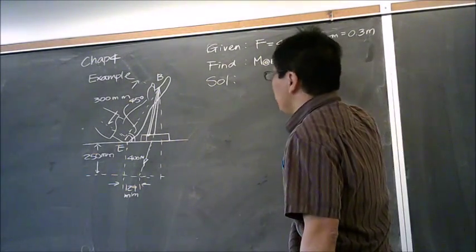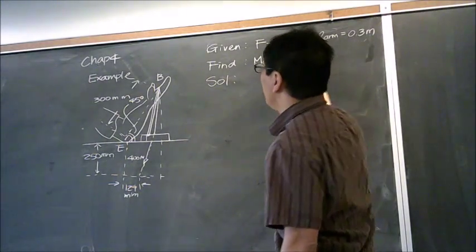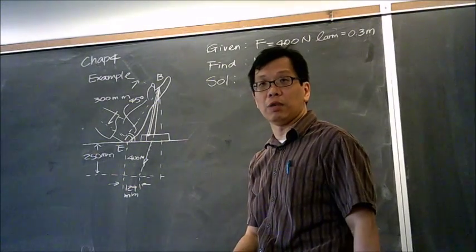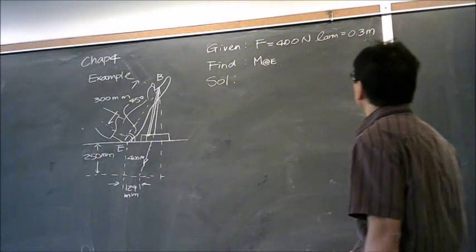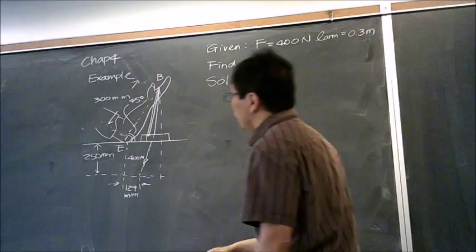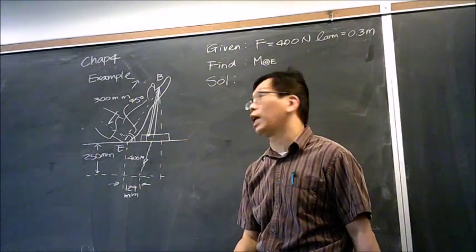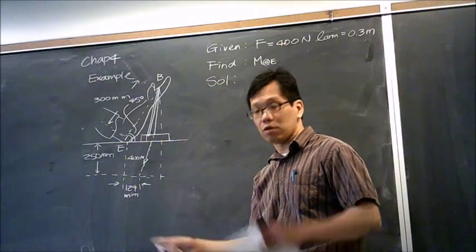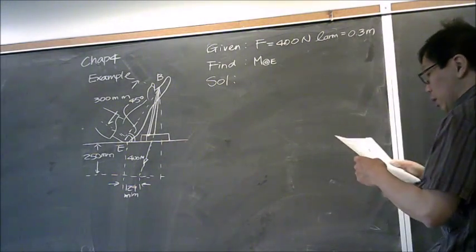So F is something given, but we are not given the direction of the force. We only know some geometry relationship. We need to know the dx and dy, but in this case, again, we don't really know what happened over here. We only know partial information of this thing. So we need to find out all those information accordingly.